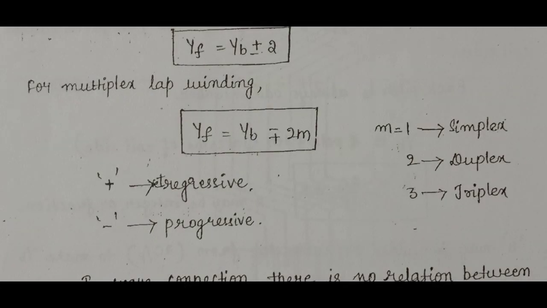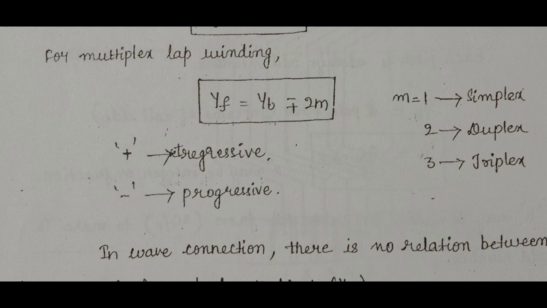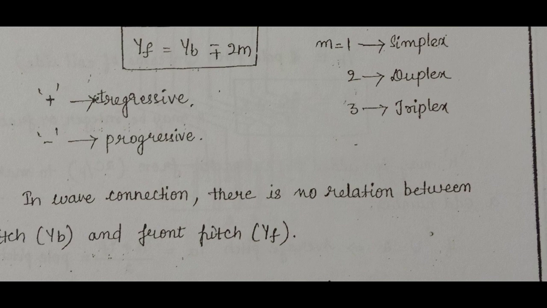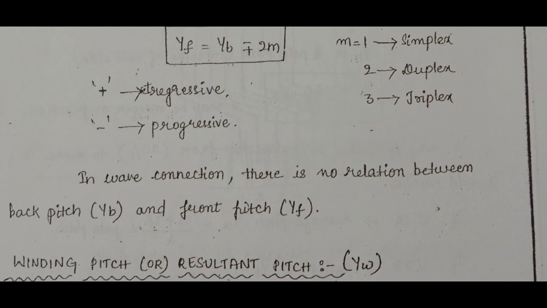Plus for retrogressive winding, minus for progressive winding. m equals 1 for simplex winding, m equals 2 for duplex winding, m equals 3 for triplex winding. In a wave connection, there is no relation between back pitch YB and front pitch YF.